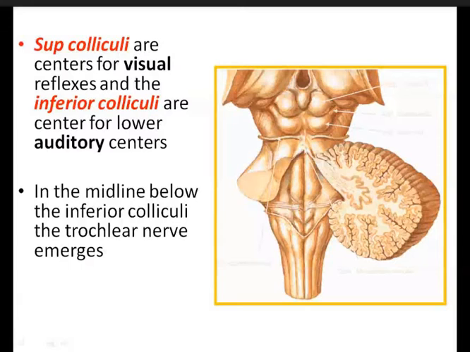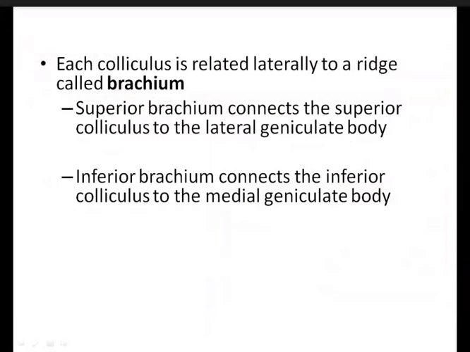Once again, this is the floor of the fourth ventricle, formed by the posterior surface of the pons and the medulla oblongata, and this is the section of the cerebellum. Each colliculus is related laterally to a ridge called the brachium.